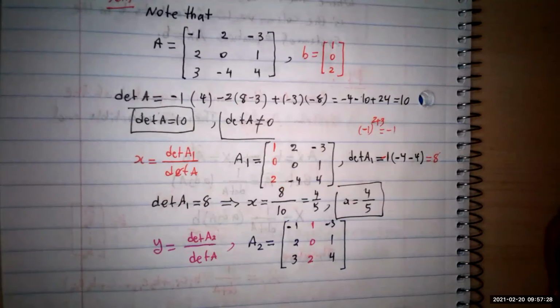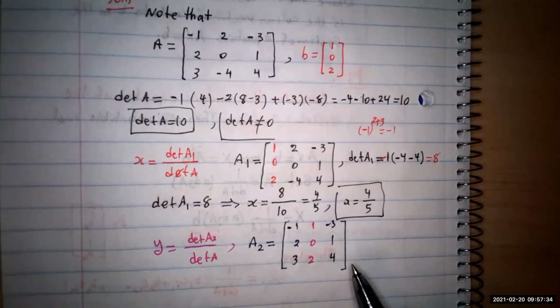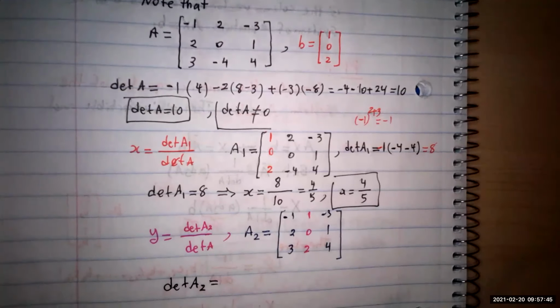Now we find the determinant of the A2 just using the ordinary method. Not a big deal, picking each of these to get these numbers.